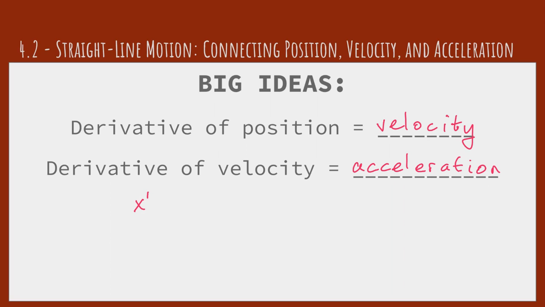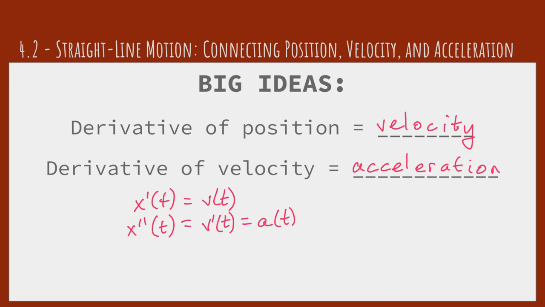So we could say x prime of t equals v of t. So v represents velocity. We could say that the derivative of velocity is acceleration, and that's the same thing as taking the second derivative of the position. So these relationships are really important to understand.